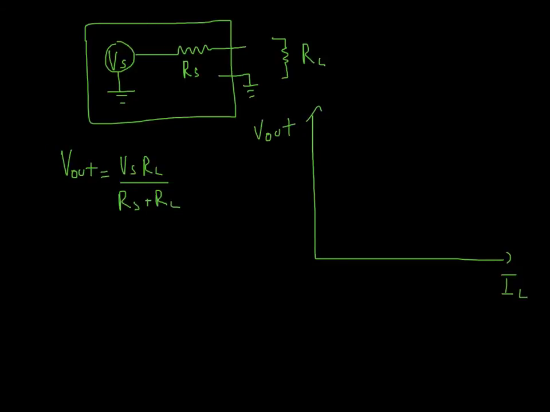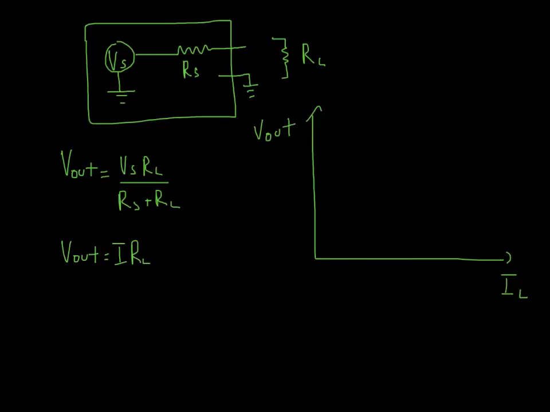All right, and now here's V out, the equation here in terms of RL. But how about in terms of I load? Well, we have that equation too. We know that V out is just simply going to be I times R load.